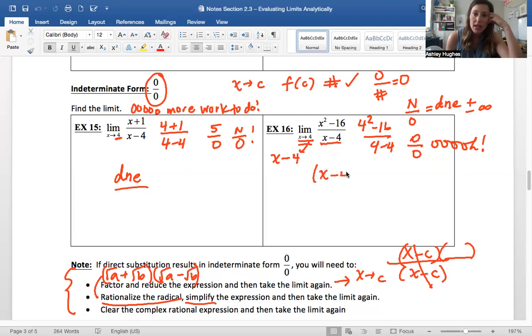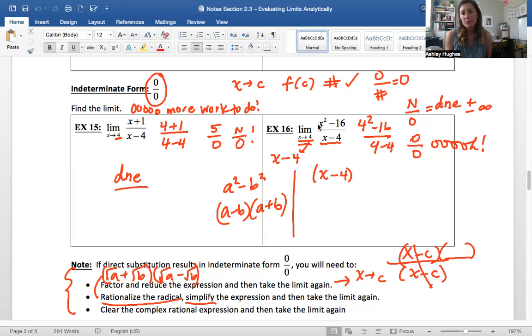Well, guess what? X squared minus 16 is a perfect difference of squares, which can be factored as a minus b times a plus b. So x squared minus 16 is x minus 4 times x plus 4. And so I can simplify that, divide out the problem factor. And now essentially there's a hole in the graph there. And so this graph actually looks like the line x plus 4 with a hole in it at 4.